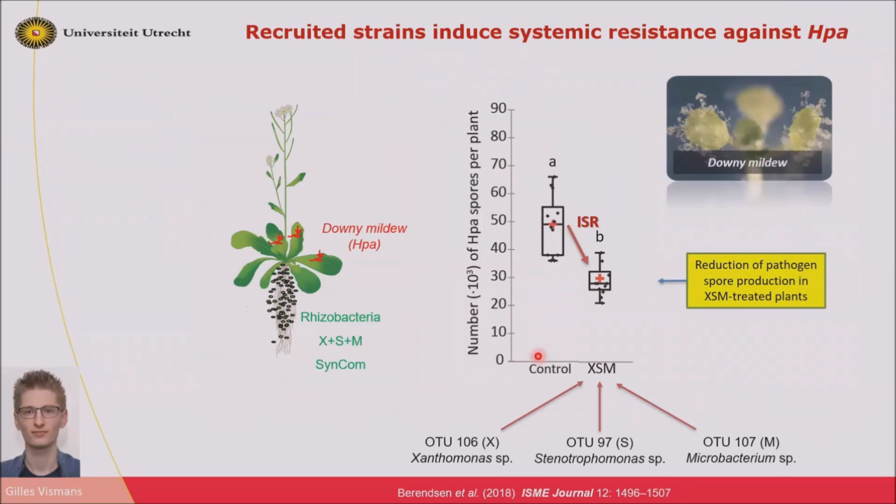Well, the most important thing is, of course, if you combine these three microbes in a synthetic community, and you provide that to an Arabidopsis plant, and you see whether this synthetic community of three microbes induces resistance against the downy mildew pathogen, you can nicely see that these three microbes induce resistance, leading to an enhanced level of protection against the downy mildew pathogen, which demonstrates that the microbes that become recruited are recruited because they have a very good potential to induce resistance against the downy mildew pathogen that started the recruitment.